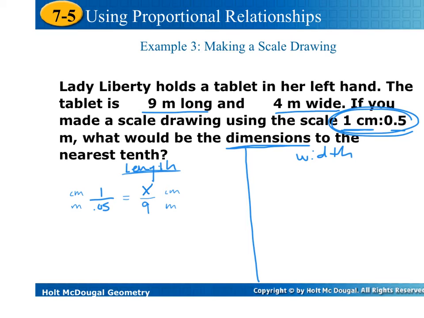So what do we do now? Cross multiply. So we get 9 is equal to 0.5x. Now we divide by 0.5.